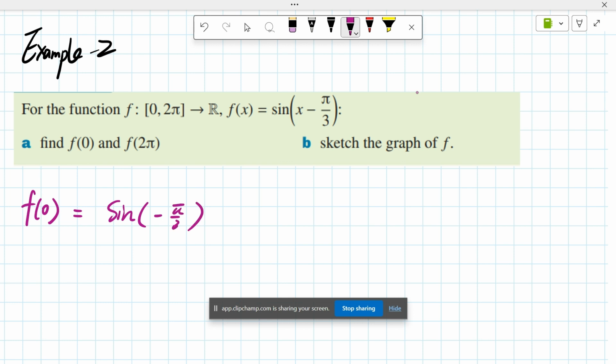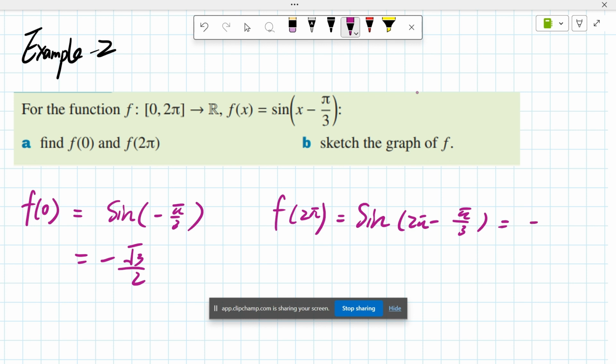If you find sine of negative pi on 3, that's in the fourth quadrant, so that equals negative root 3 on 2. And if you have 2 pi, so sine of 2 pi minus pi on 3 also equals negative root 3 on 2 because it's in the fourth quadrant. If you remember the unit circle, that'll be on here.